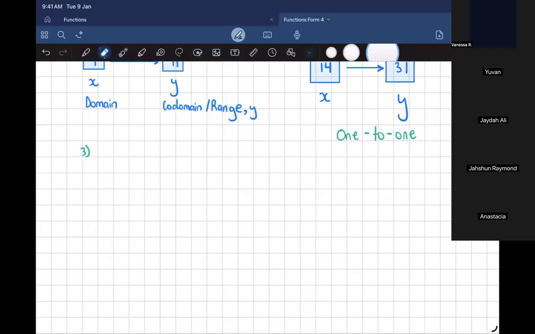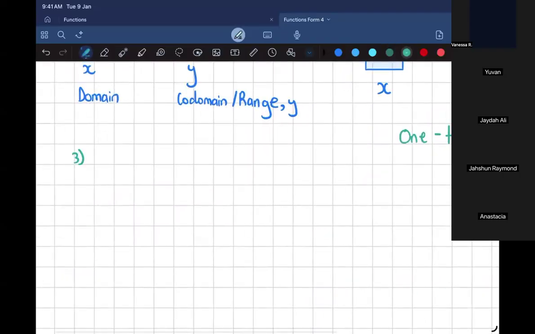No, we could square root a number, square a number, cube a number, divide a number. All those are operations we could do. So let's look at a many-to-one now.